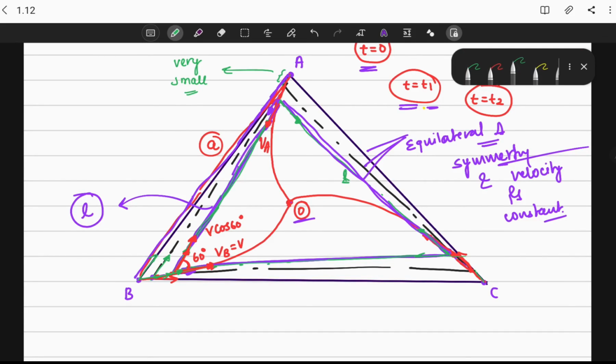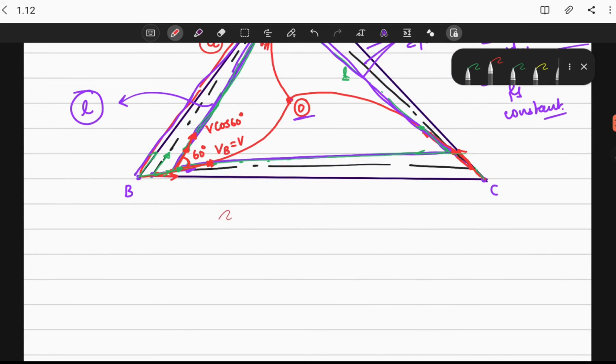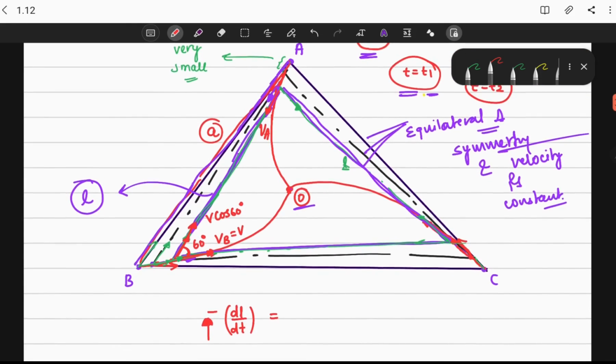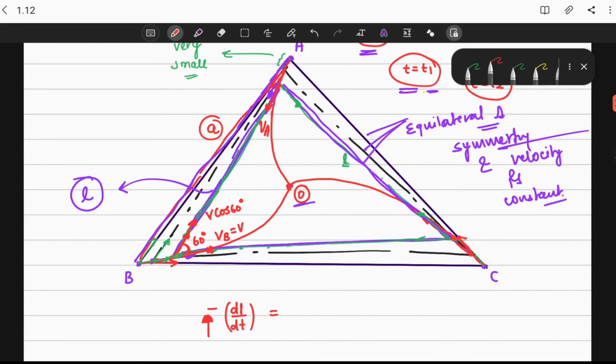Now we can write minus dl upon dt. Why minus? Because the length is decreasing. We equate it to the relative velocity of A with respect to B in this direction.